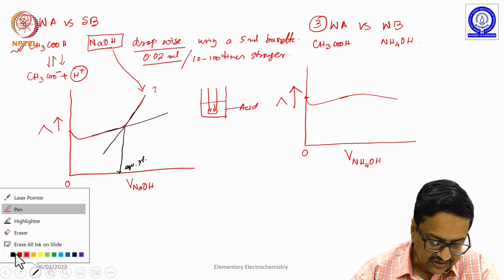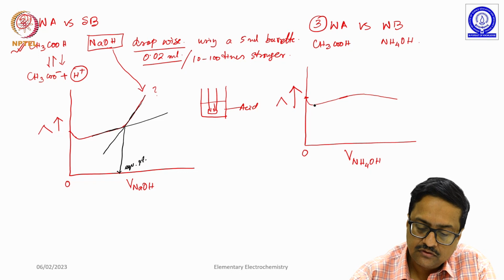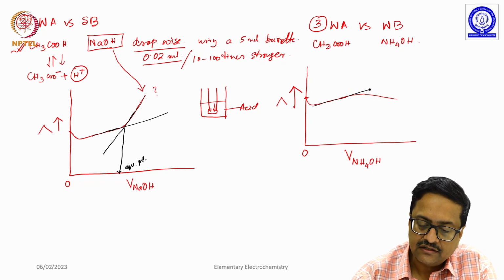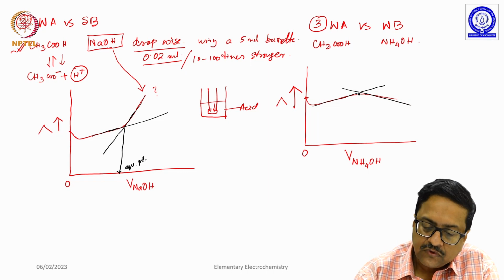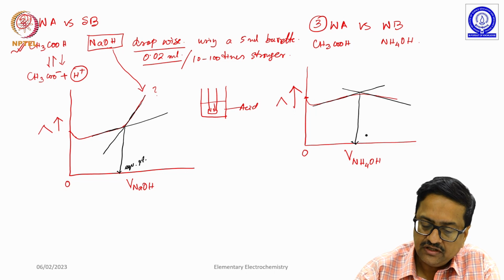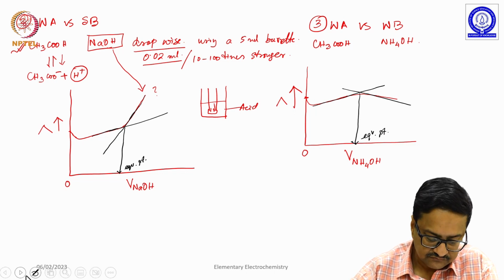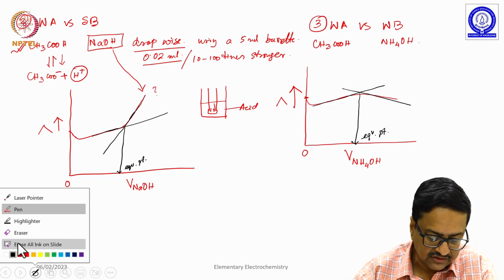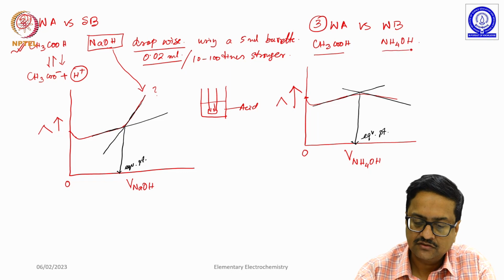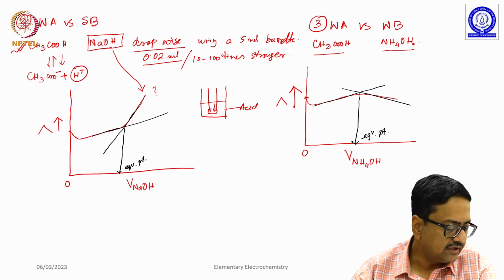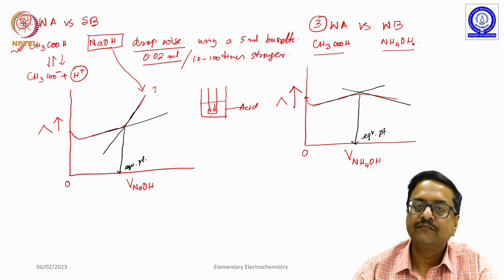So what is happening here is, now we need to draw a tangent here, we need to draw another tangent there. Wherever the two tangents meet, that will be your equivalence point of this particular titration of weak acid versus weak base. Is that clear?